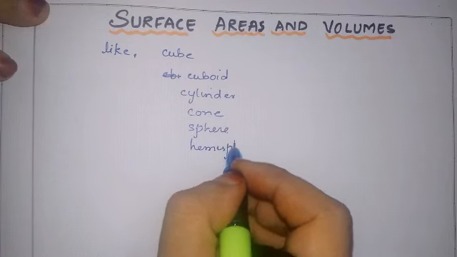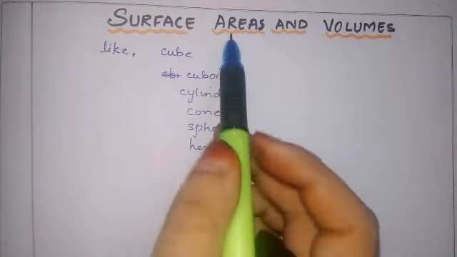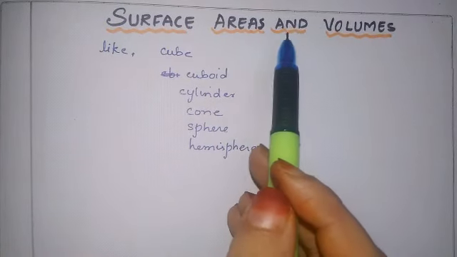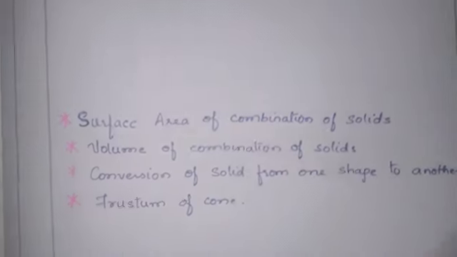All these solid figures we have learned in our previous classes, how to find area, surface area and volumes and all. Now in this chapter we are going to learn in detail about all this.